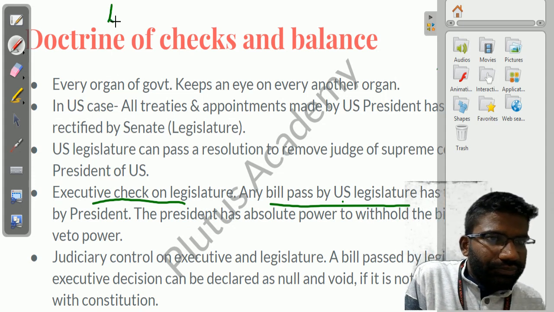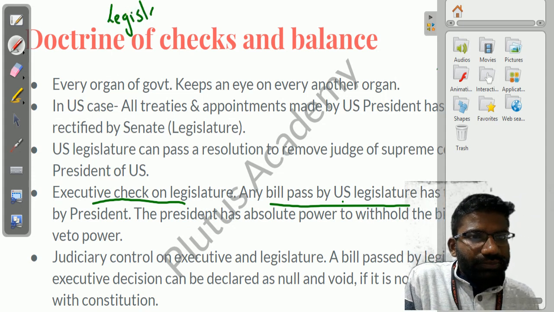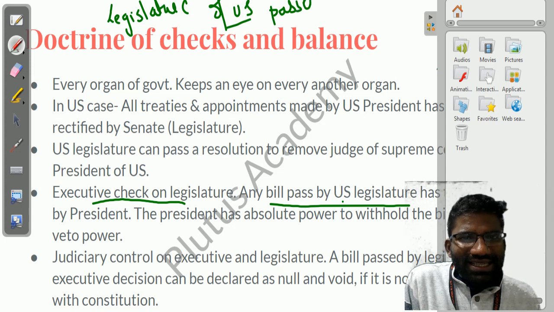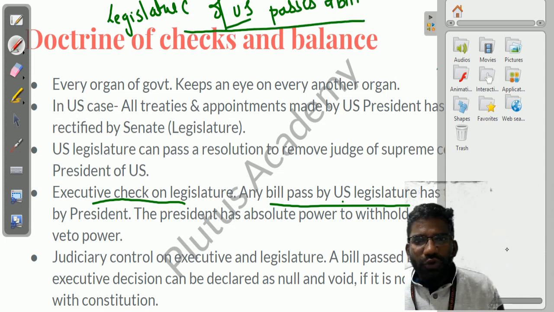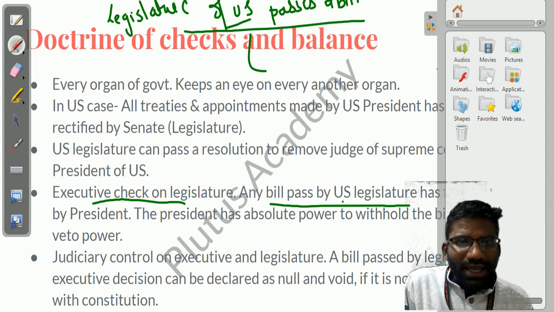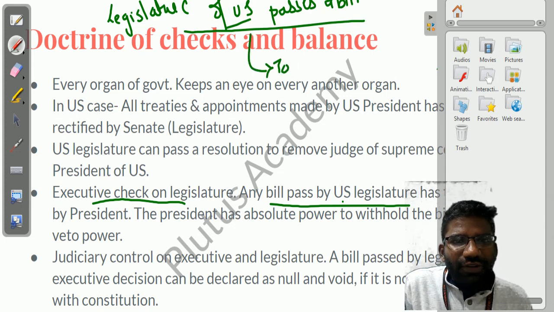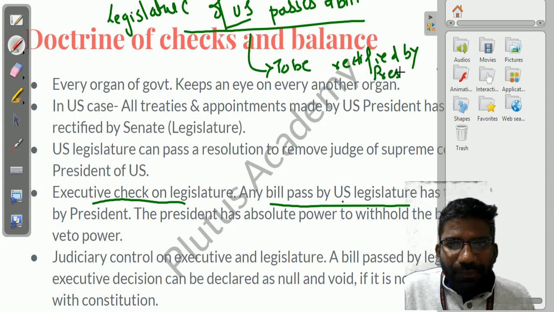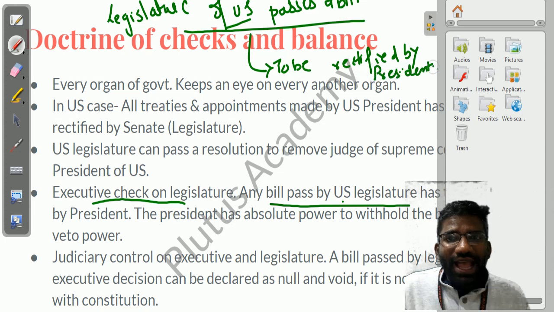Suppose the legislature of US passes a bill. This bill has to be ratified by the president, and the president is definitely part of the executive.